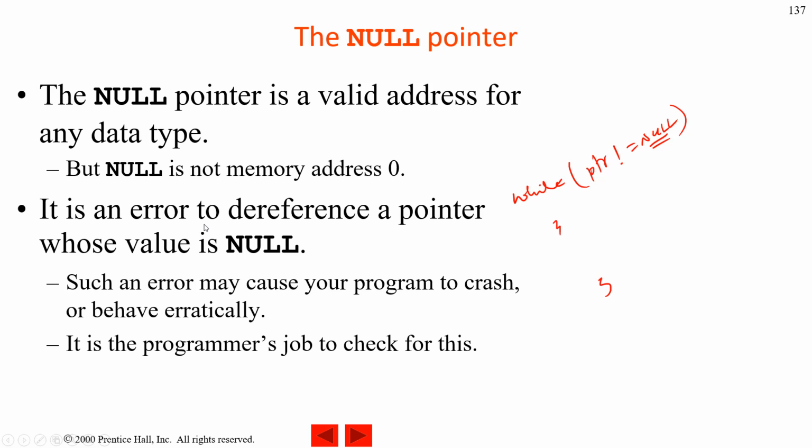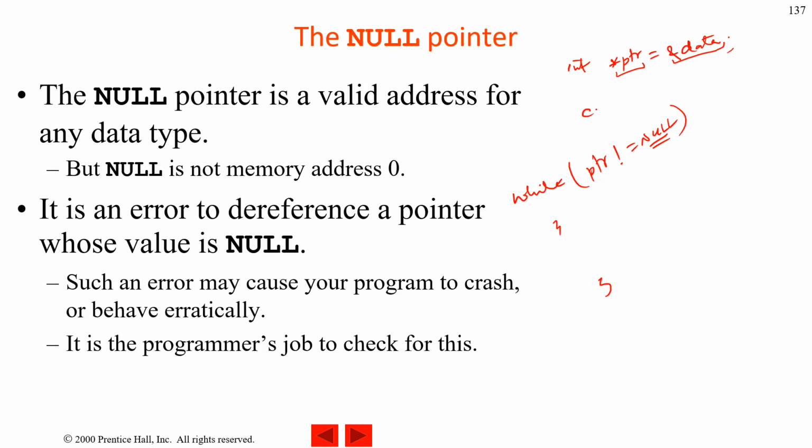It is an error to dereference a pointer whose value is null. So when I put int asterisk ptr is equal to ampersand of data, this is creating a pointer and assigning it the address of the variable data.